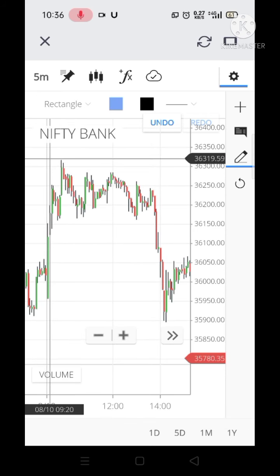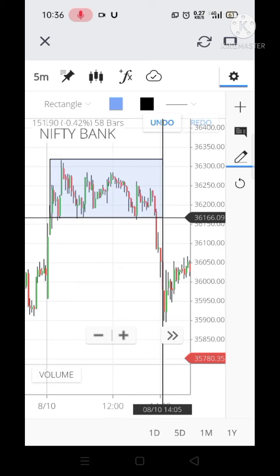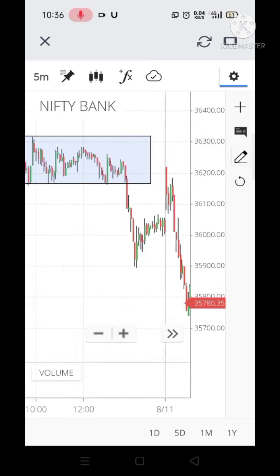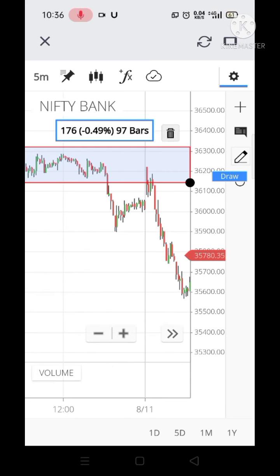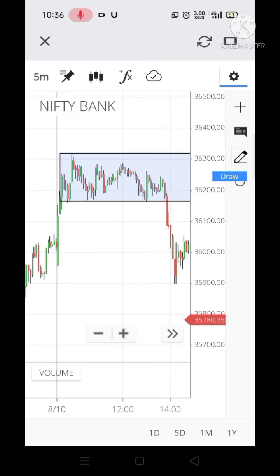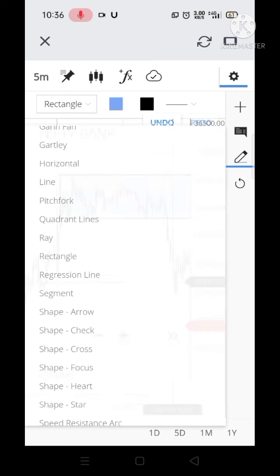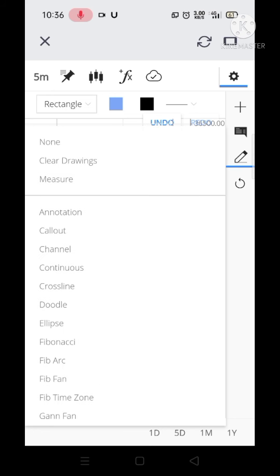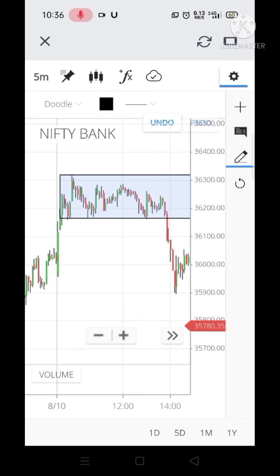So this was some sort of supply zone, because on Tuesday the market was facing resistance from this zone, coming back up, then falling down, going up, falling down, going up, then a breakdown.